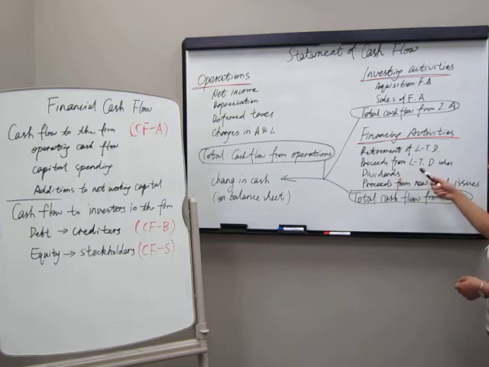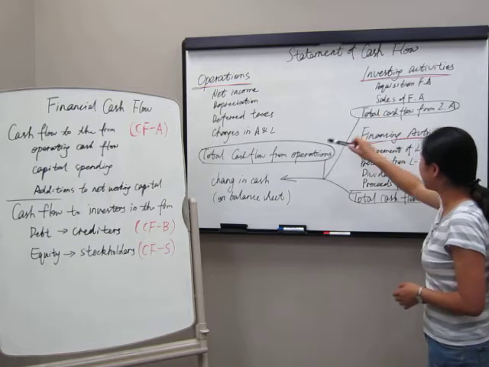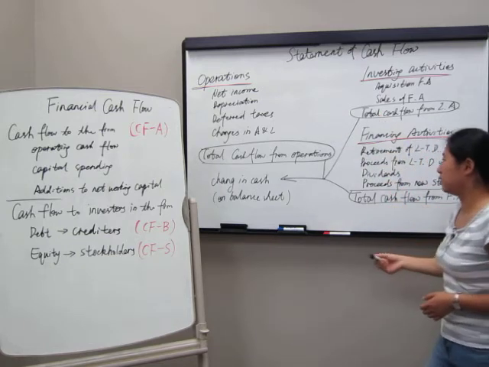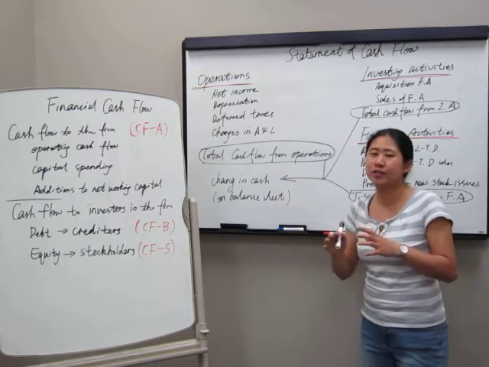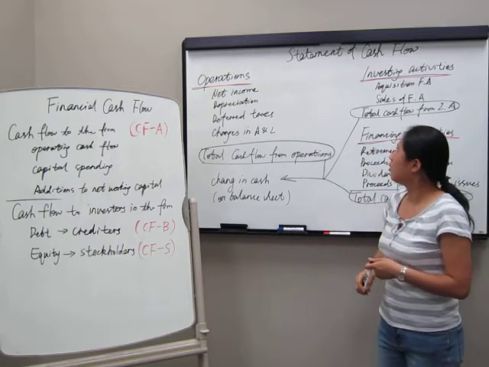The dividends are a minus, and proceeds from new stock issues are a plus. Then we get the total cash flow from financing activity. If we add these three totals together, we get the change in cash, which is the number shown on the balance sheet.